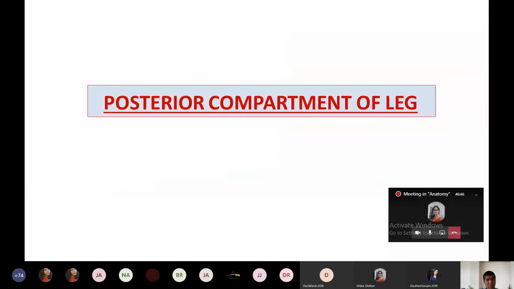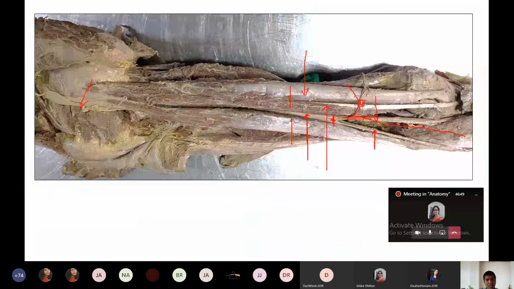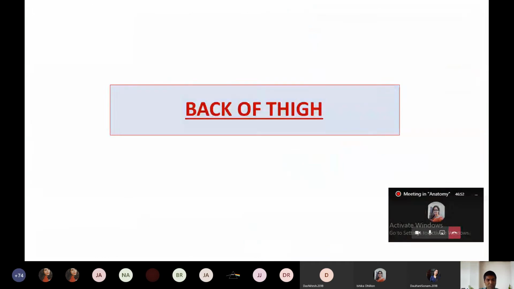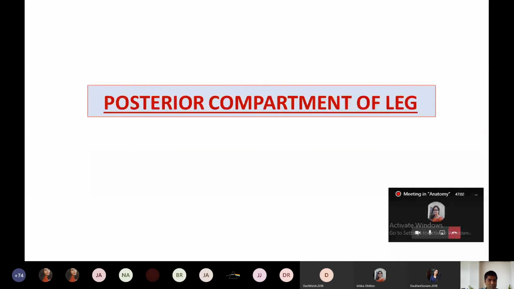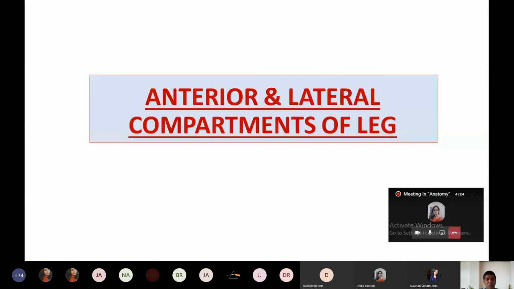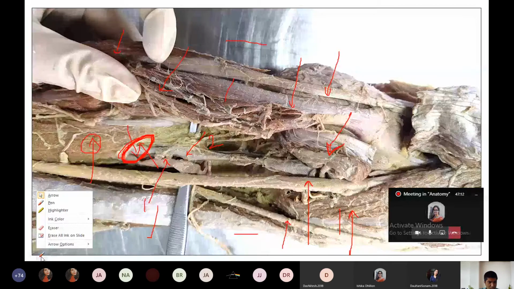Before, I showed you a very clear-cut structure that will help you identify the side of this region. See here, this part is cut, and this is the continuity of the same diagram.